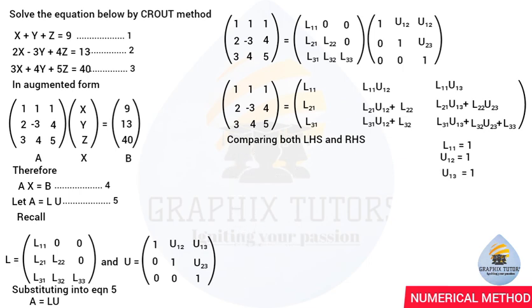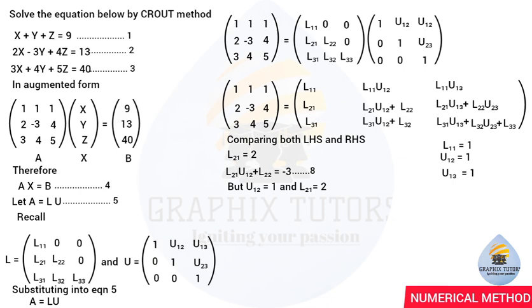We have L sub 21. If you compare, it will give us what? 2, right? To the next one, we have L sub 21 U sub 12 plus L sub 22 equals what? Minus 3. But U sub 12 is equal to 1, and L sub 21 is equal to 2, as we've gotten from our previous answer here.